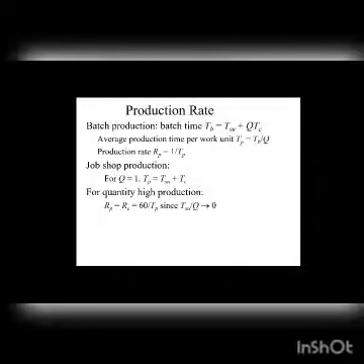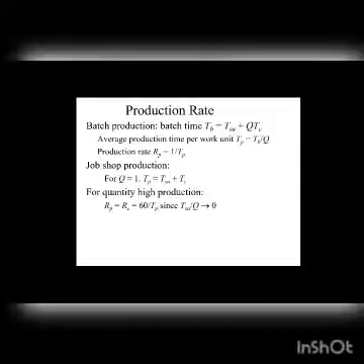Production rate. Production rate is the rate at which the units are produced. In batch production, the time taken is given by the sum of the setup time and the average production time for that unit. So Q is the quantity, batch quantity, then TC is the time required for the operation.